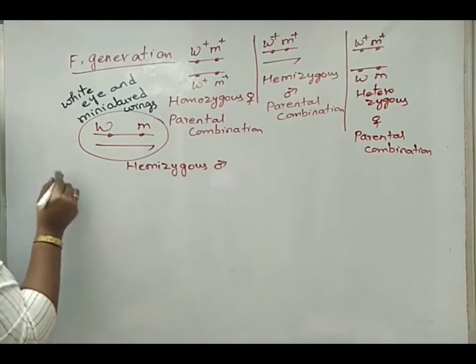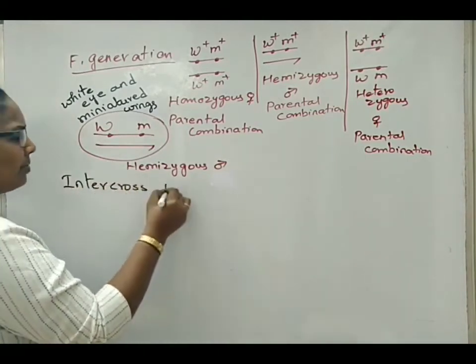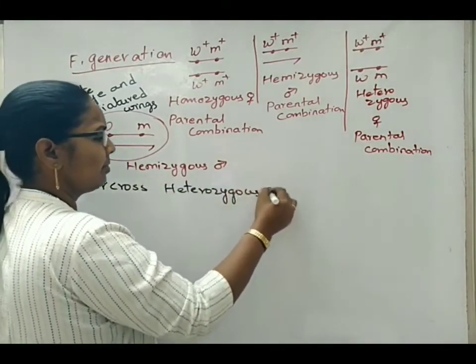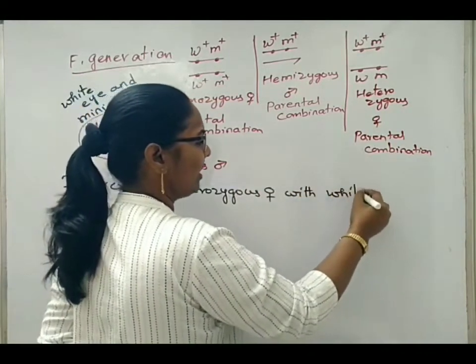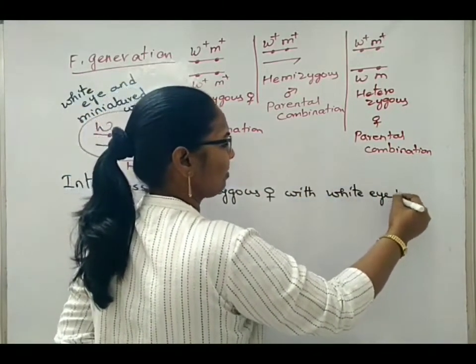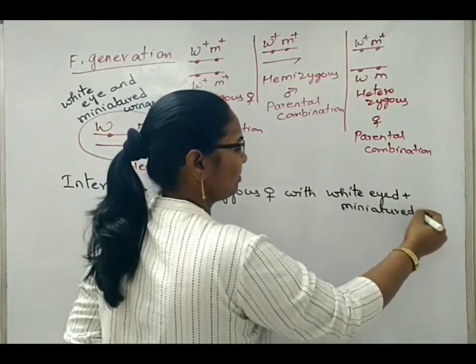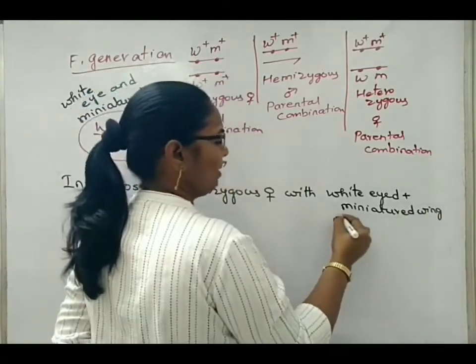Then how are the gametes going to be? So we will intercross heterozygous female with white-eyed, miniatured wings male.